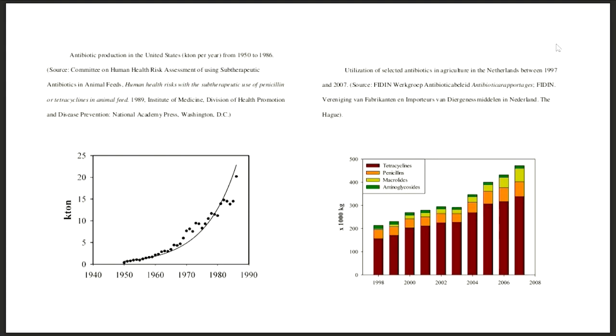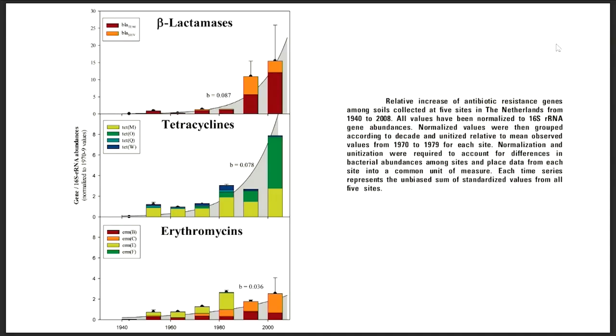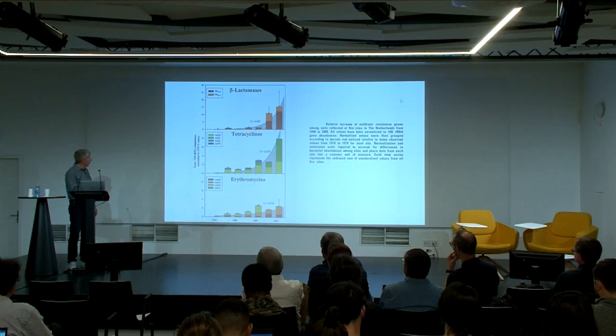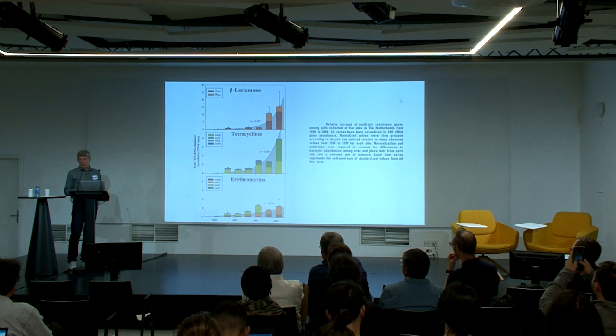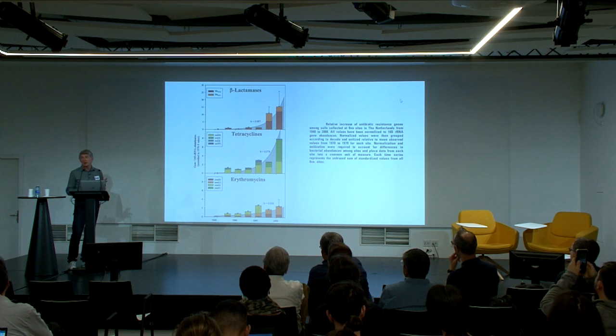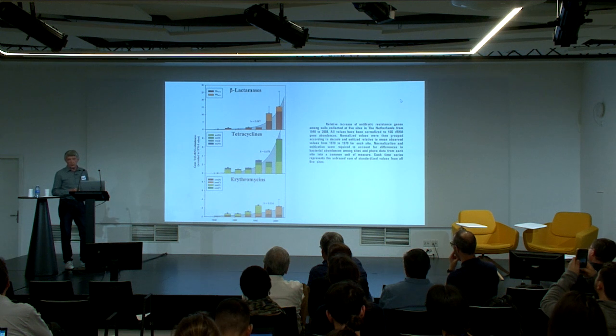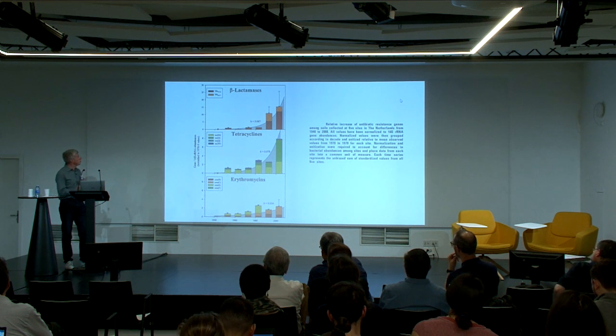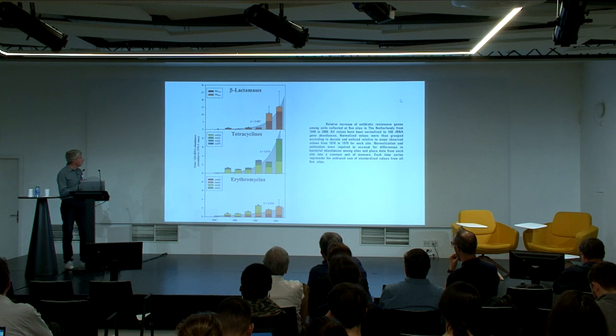Okay, so worldwide it's increasing, and in the Netherlands as well, you can see that over time the amount we use increases. So then we analyzed samples from this soil archive, old samples, and you can see that the antibiotic resistance genes, so not the antibiotics, but the genes and the bacteria that confer resistance to those chemicals, were present in the soil and they increased over time.